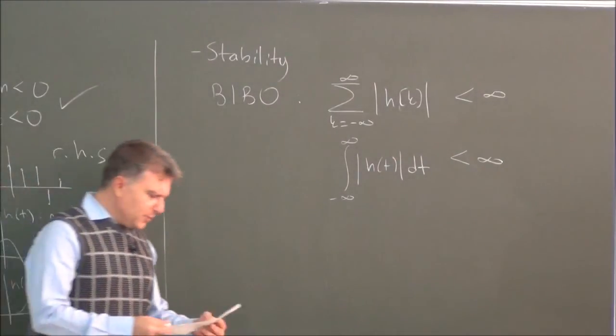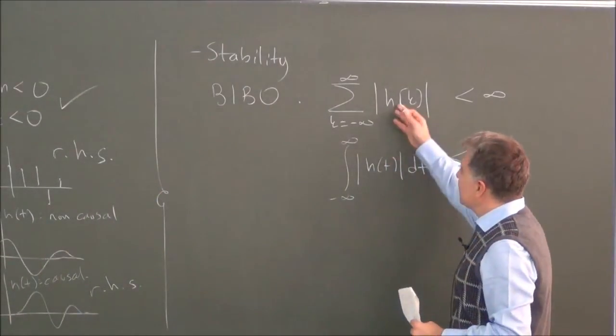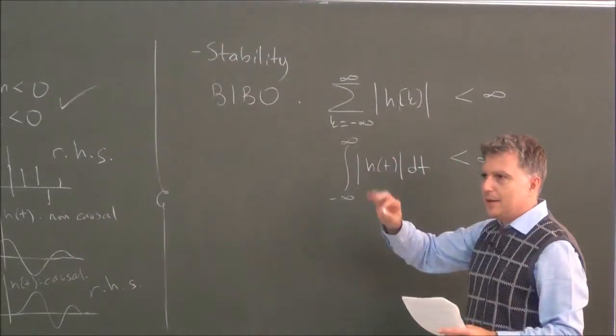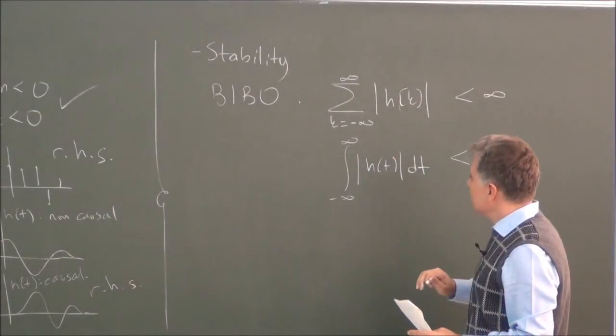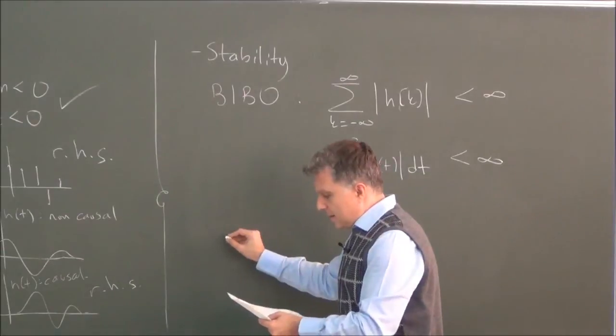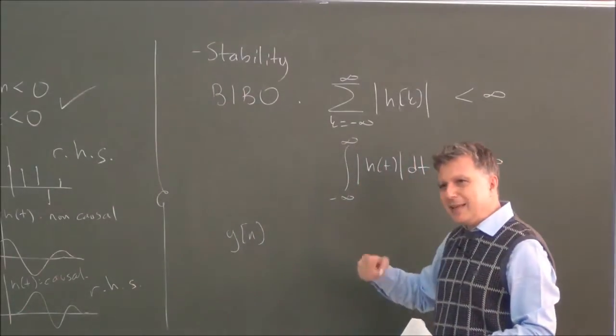And the proof of this is quite simple. I mean, where does this come from? I just wrote it down, and this is the key to the stability check, but it also has a proof. Let me prove it in discrete time, or let me illustrate the proof.